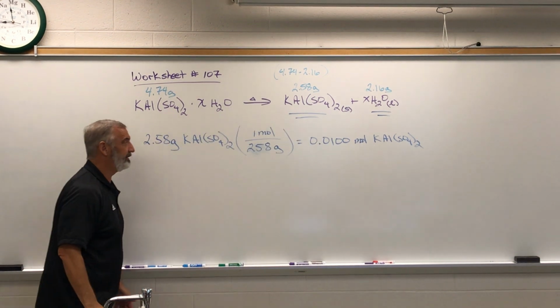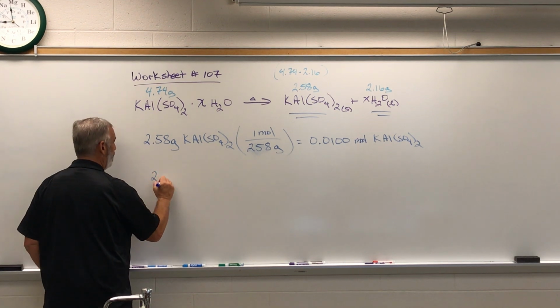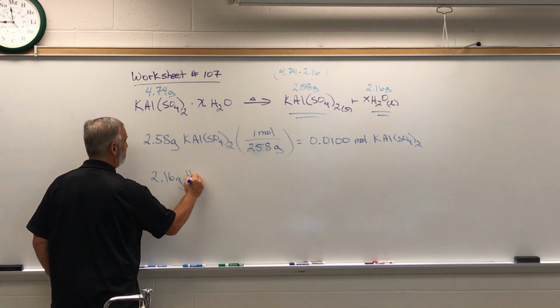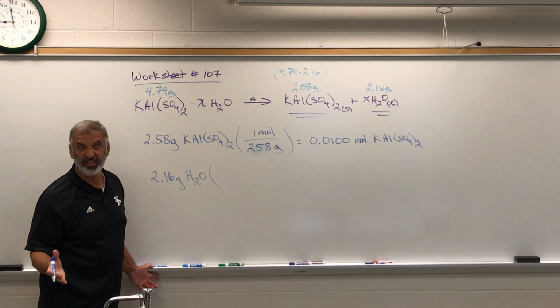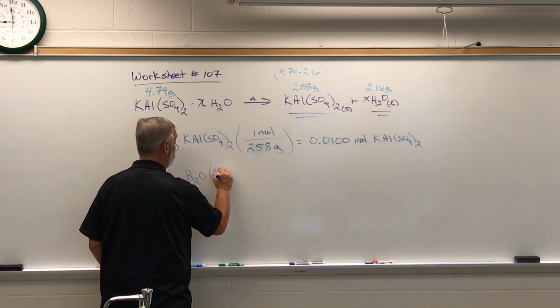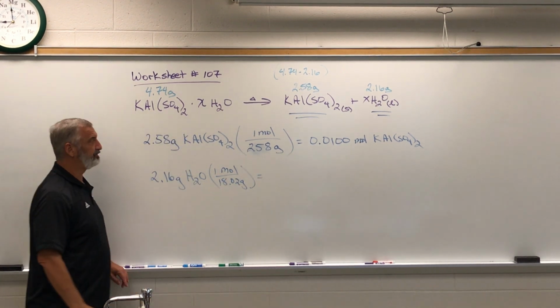So what's my second step? Moles of water. Moles of water, 2.16 grams of water. Now this is one that you should just memorize, because we use it all the time. Water is going to be 1 mole over 18.02 grams. So somebody divide that one out for me, please.